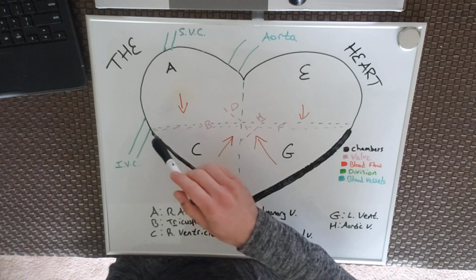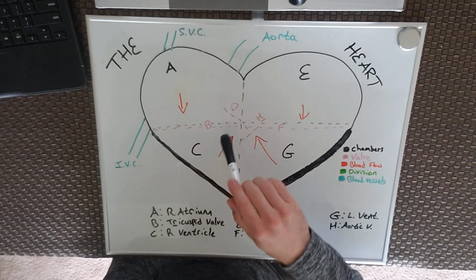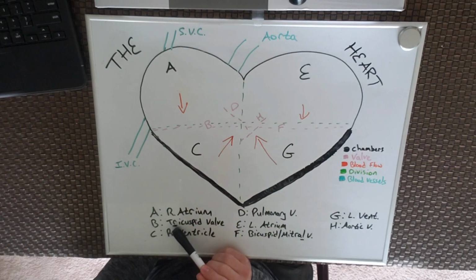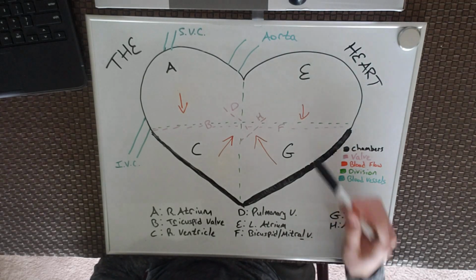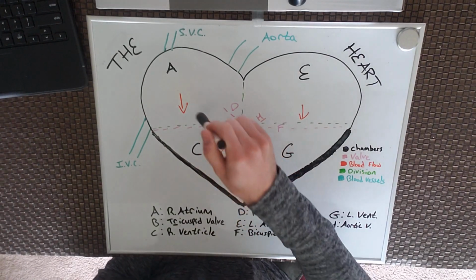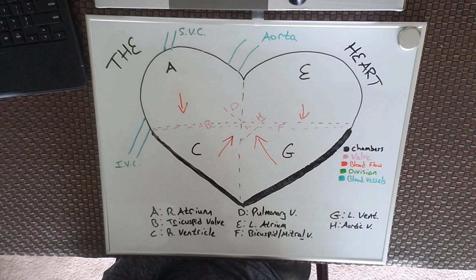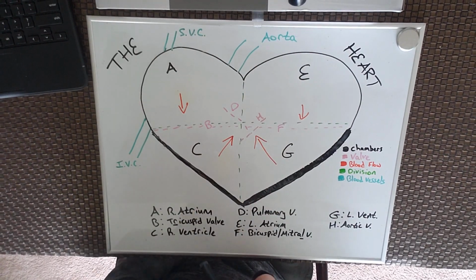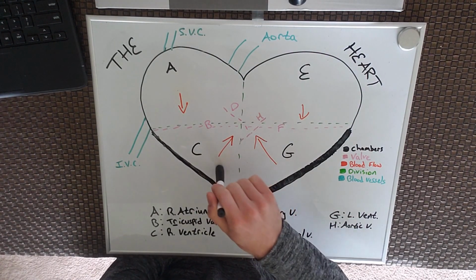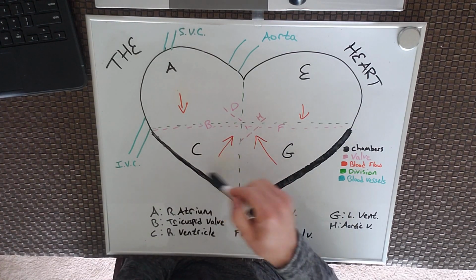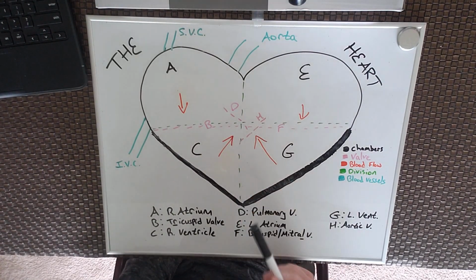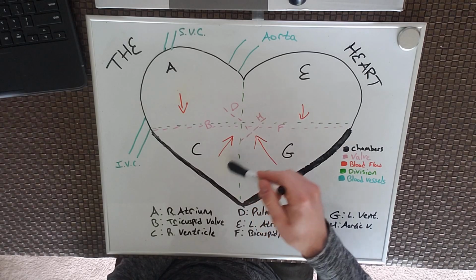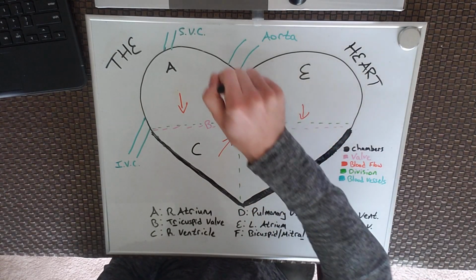Once it's full, the door, the tricuspid valve, opens up and the blood rushes into the right ventricle. And then the tricuspid valve closes because we don't want the blood to backflow. So now the right ventricle is full. Well, where does the blood go then? It passes through the pulmonary valve into the lungs.